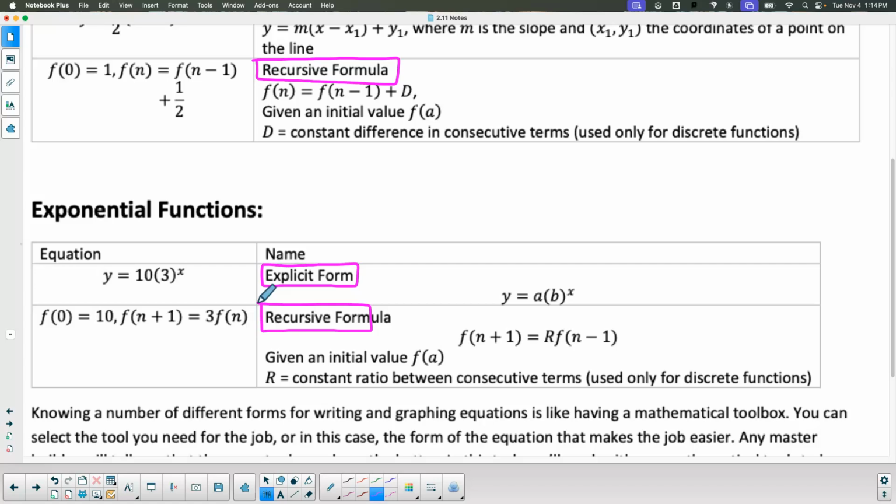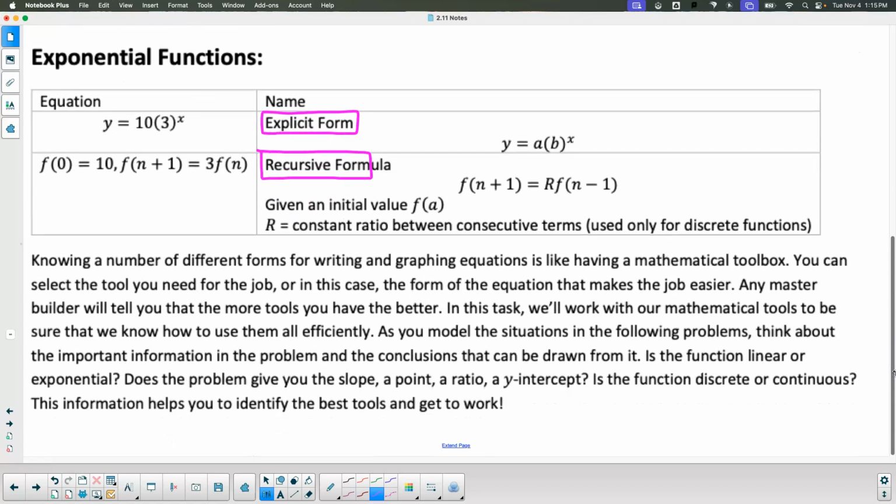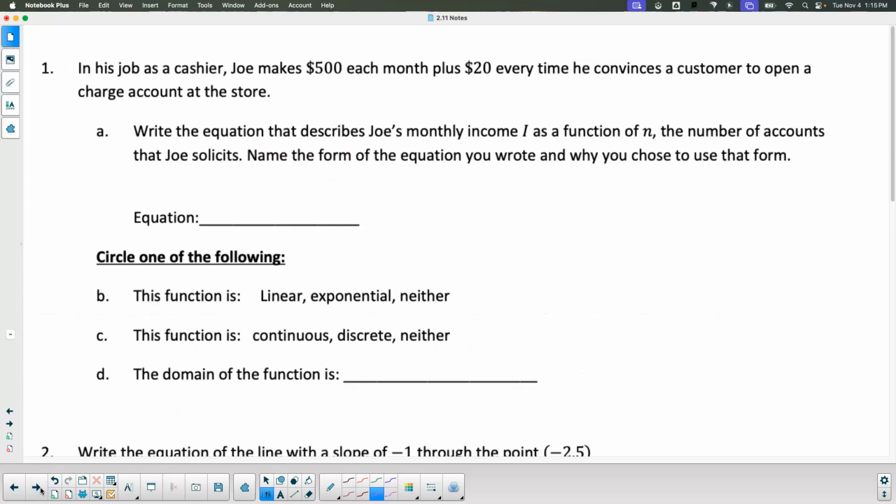All right. Let's do this. So our toolboxes are wide open. Let's start with number 1. In his job as a cashier, Joe makes $500 each month, plus $20 every time he convinces a customer to open up a charge account at the store.